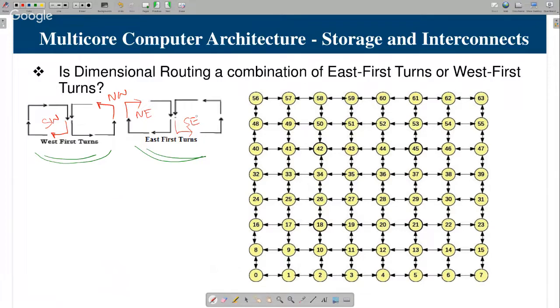That is the idea of west first and east first turns. But the question is, is dimension order routing a combination of east first and west first turns? Yes, actually it is a combination of east first and west first turns. But nowhere in the literature is a direct description of this given. From the underlying concepts, it is clear that we take only the X direction first, followed by the Y direction.